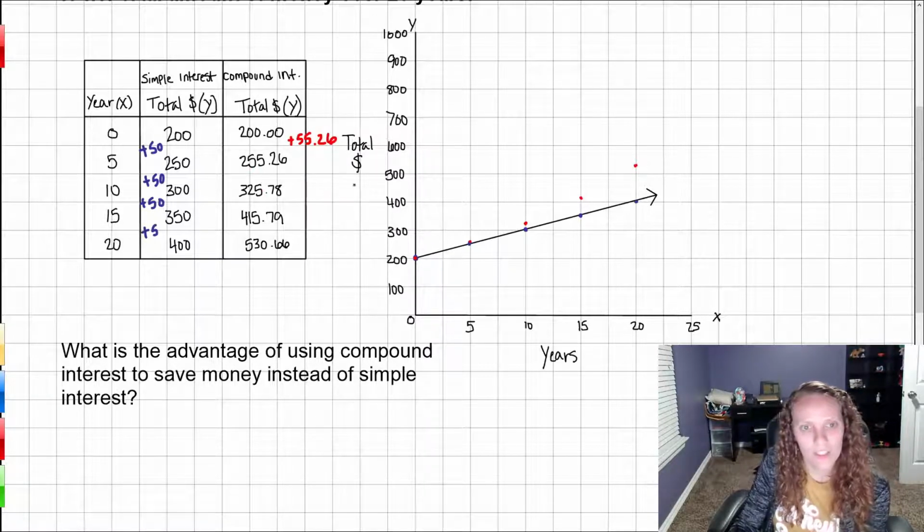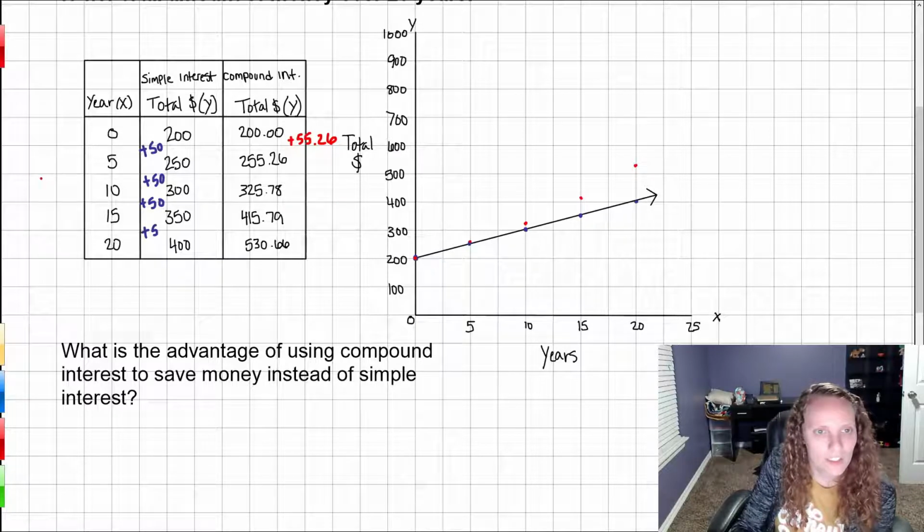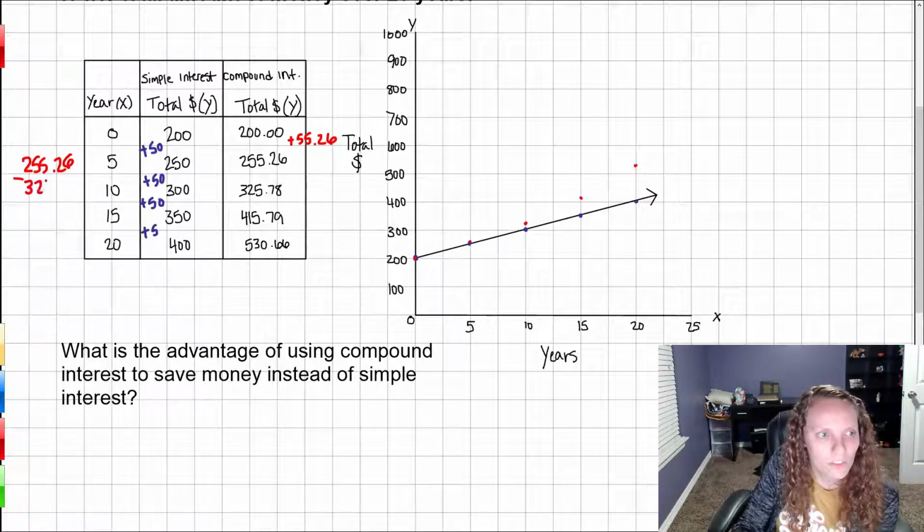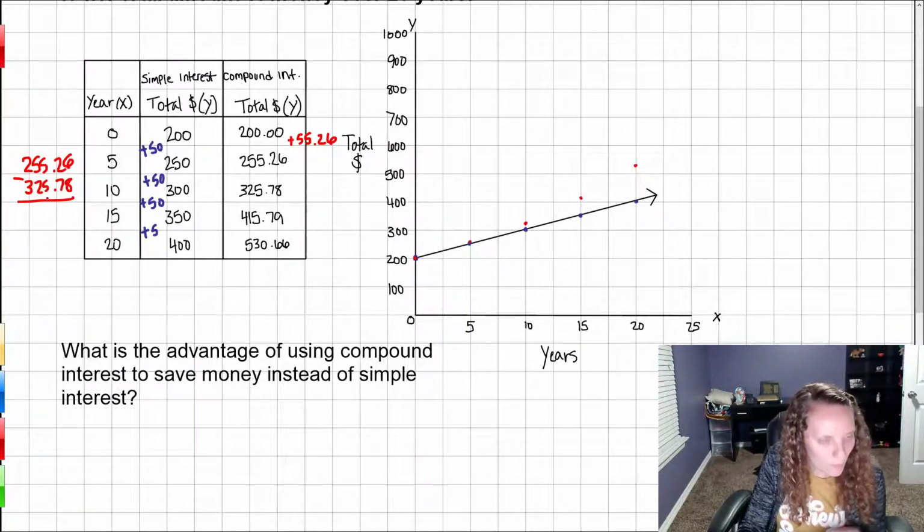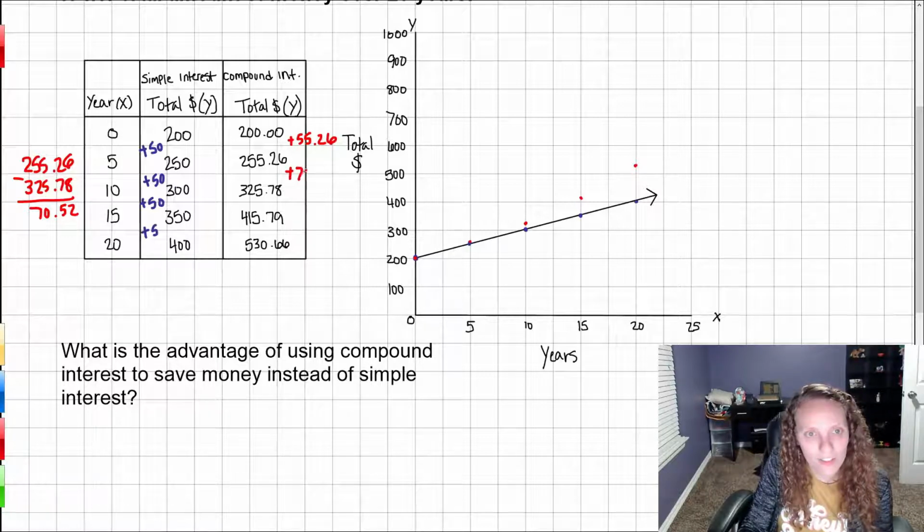The next one, let's subtract to see what happens. So 325.78 minus 255.26. And if you actually work that out, that would give us 70.52. Okay, so already right here it's different.